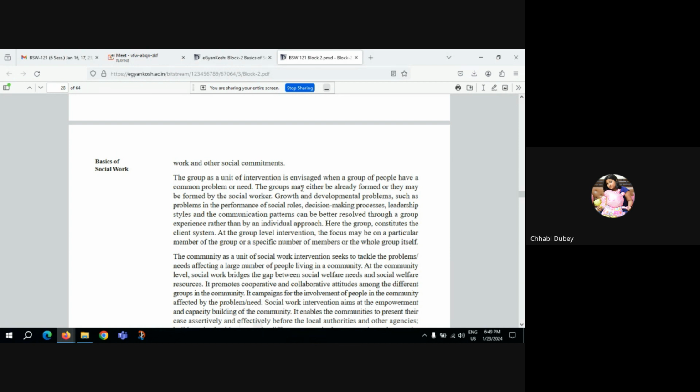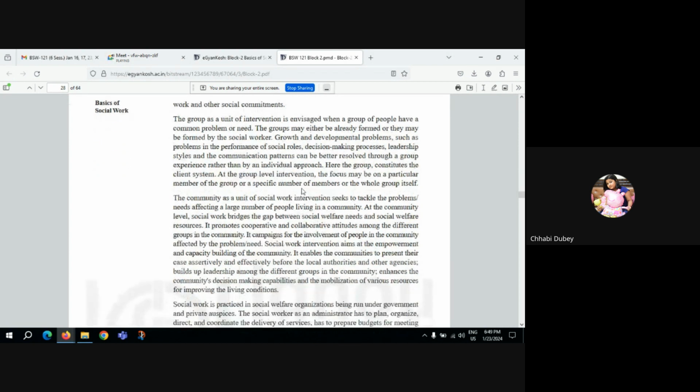So we will go into the community, look at the resources and the people in the community, the leadership in the community, and then see the immediate problem that is faced by the community.